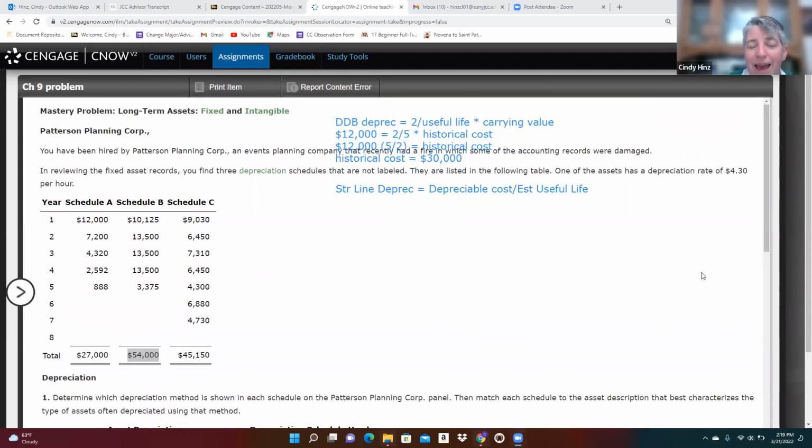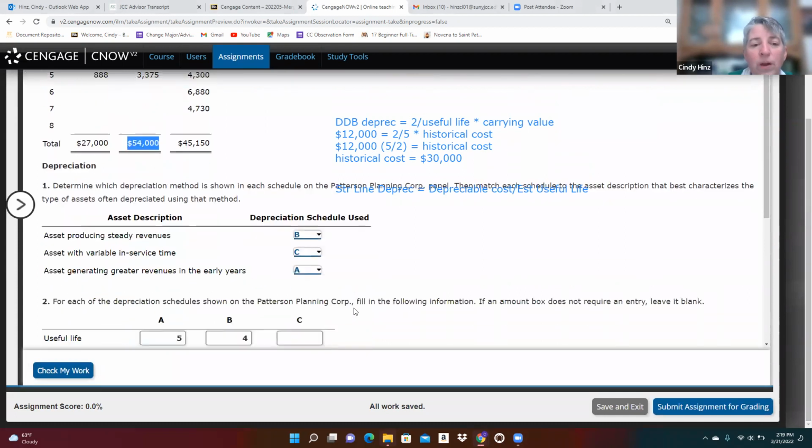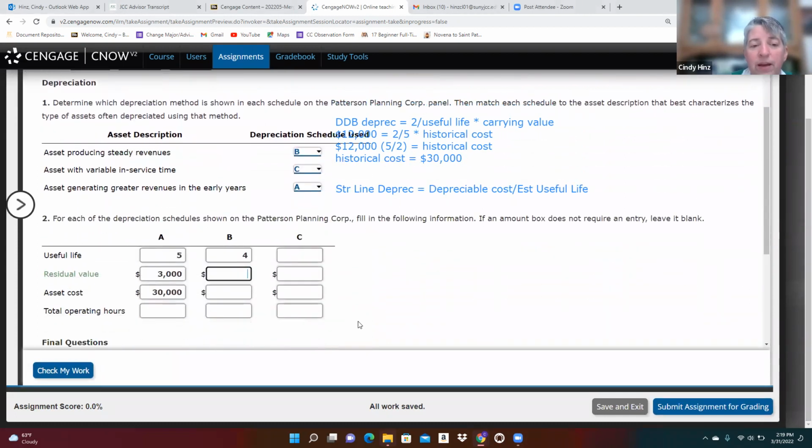It doesn't give us any information beyond what's in this column. So we have to leave that blank. There is no way for us to determine the asset cost because we don't know that residual value. So again, we're going to leave that blank.